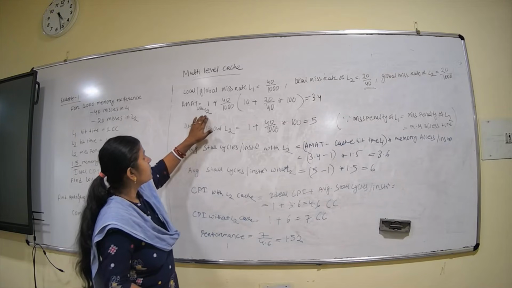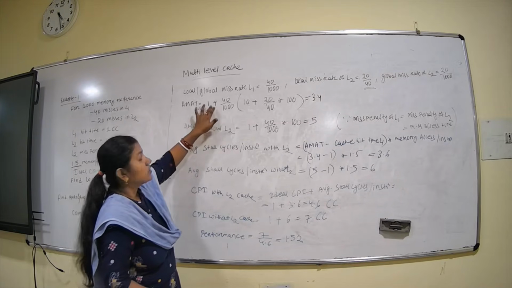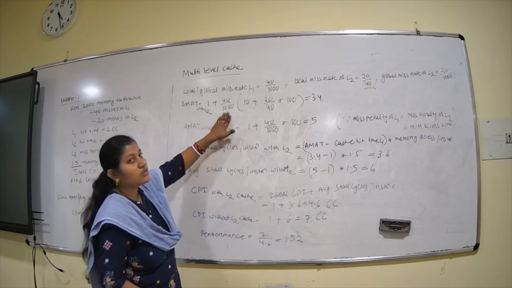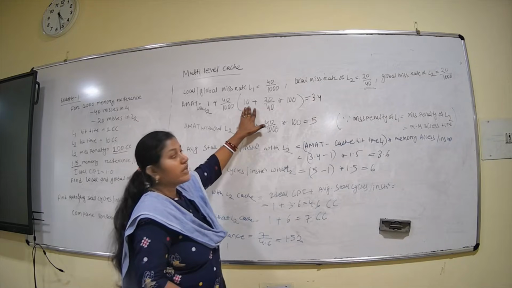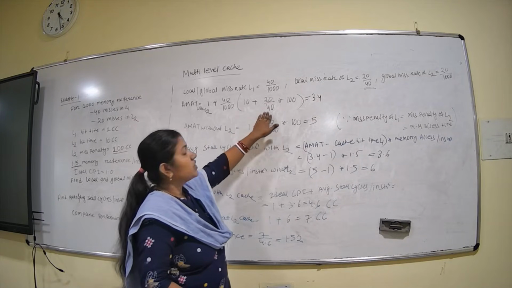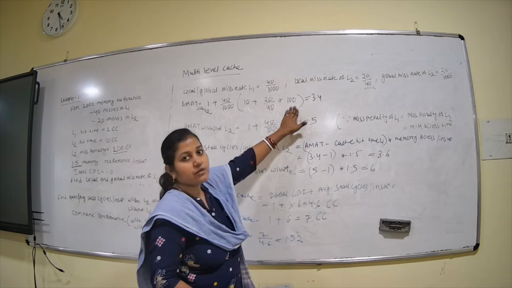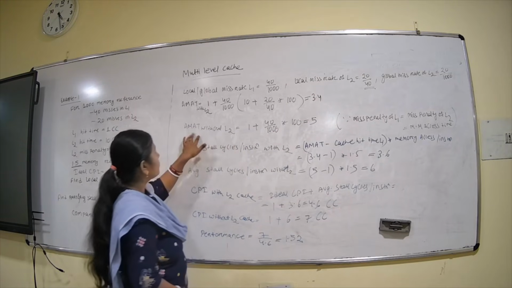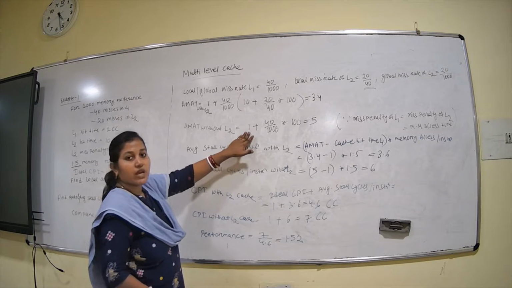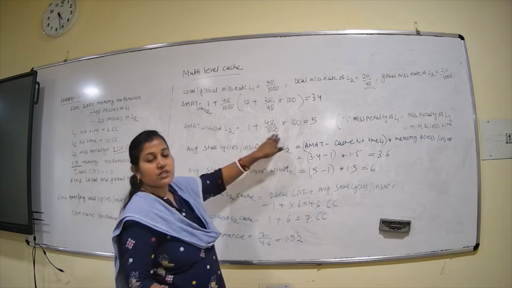Average memory access time with L2 is cache time of L1 plus miss rate of L1 times, involving L2, the cache time of L2 plus miss rate of L2 times miss penalty of L2. That is 3.4.